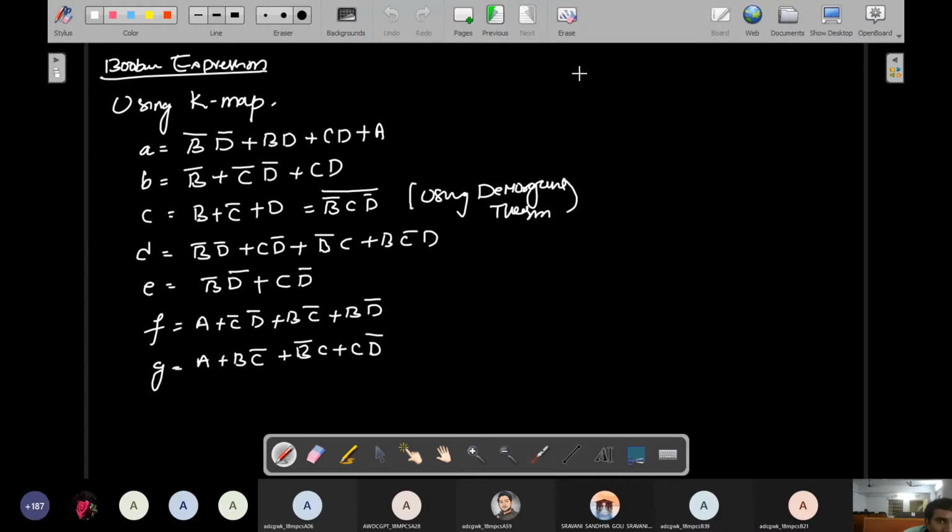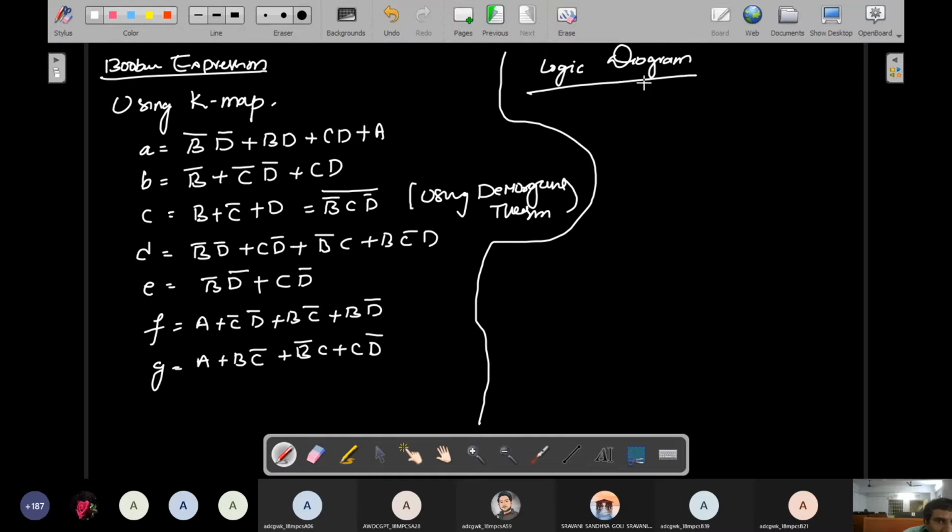Okay, so now I'll explain the logic diagram or logic circuit, whatever it is. Logic diagram actually, for the 1 to 7 equations. These are all the 7 equations right now.